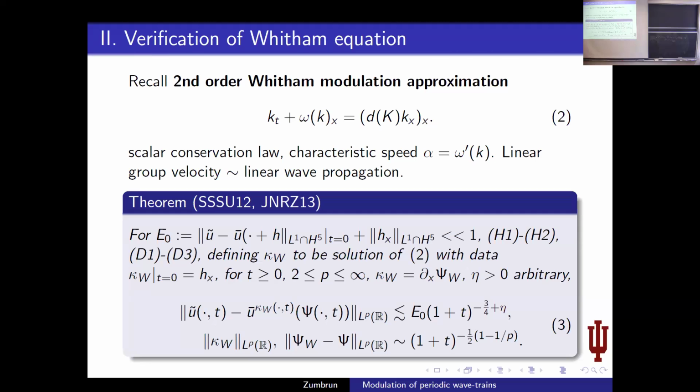So now taking this same kind of non-localized data, with the same assumptions as the previous result, define K Whitham, K_W, to be a solution of 2 with data H_x for K. Because H is like psi, the phase shift, and K is psi_x in this formalism.